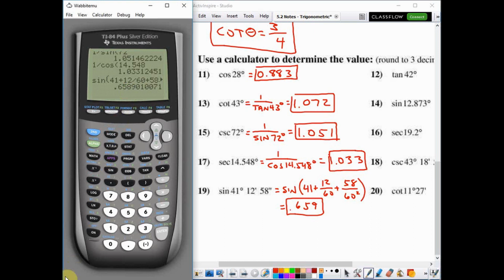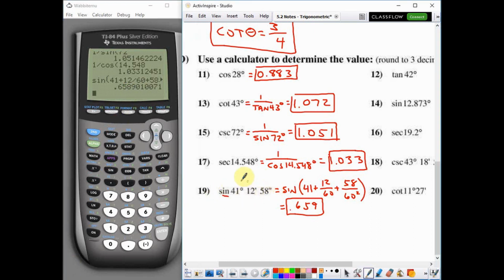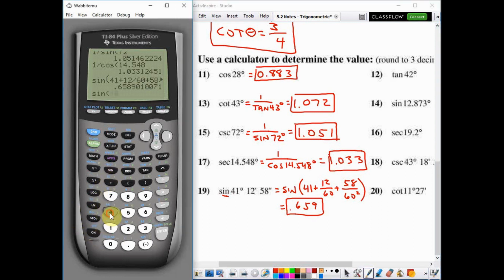Now the other way is just to type it in exactly as it's written, in degrees, minutes, seconds. Here's how I would do that. Sine 41, and to get degrees, it says angle right here, so second and then apps, the second angle. Option 1 is a degree. 12 minutes, second angle. Oops. Let's clear that out and start over.